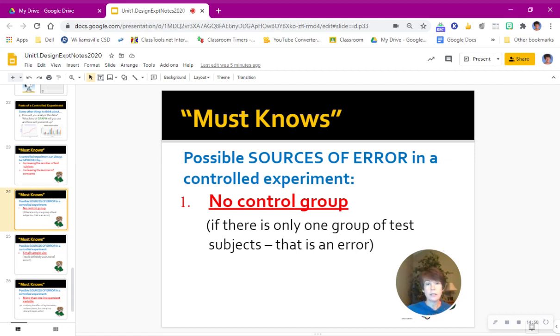And increasing the number of constants means that you're changing only one independent variable, so that when the outcome happens, we know it's from that one thing you wanted to study. It's not from something else that may have affected the outcome. So increasing the number of test subjects and the number of constants will always make an experiment better.